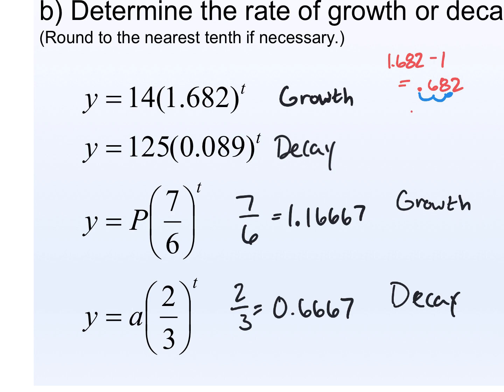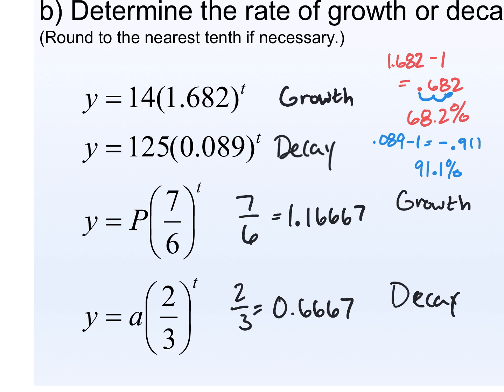But for this first one, it would be 68.2%. For the next one, you end up with 0.089 minus 1, and you end up getting out negative 0.911. When you slide that one over, you end up getting 91.1%.